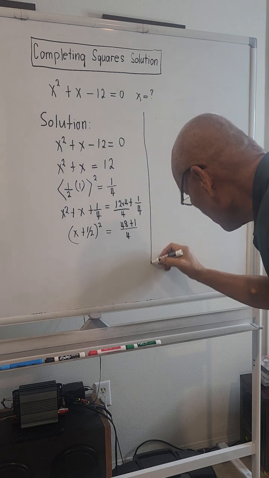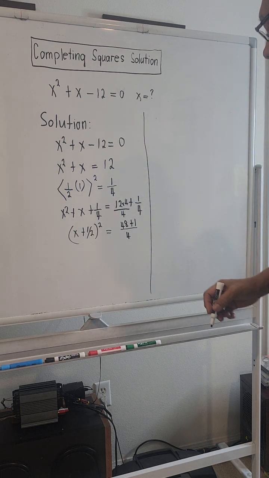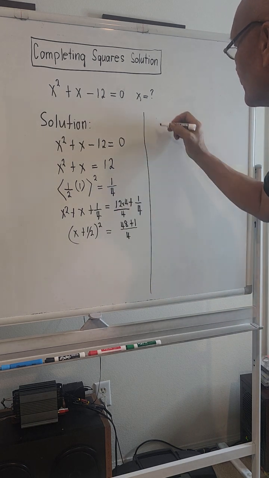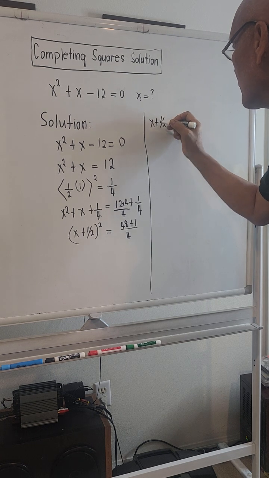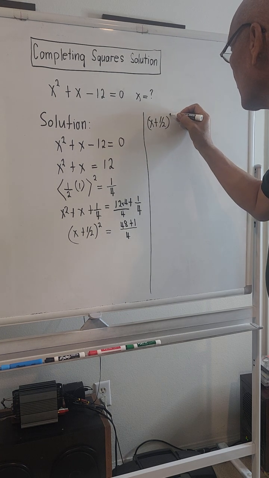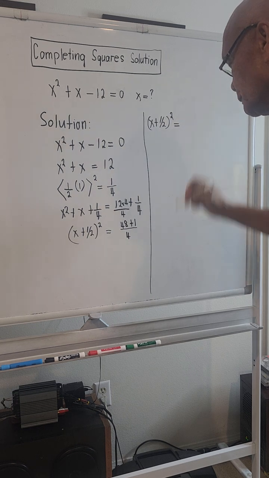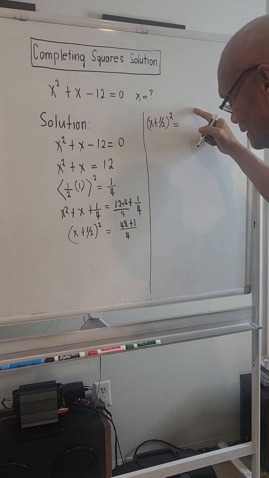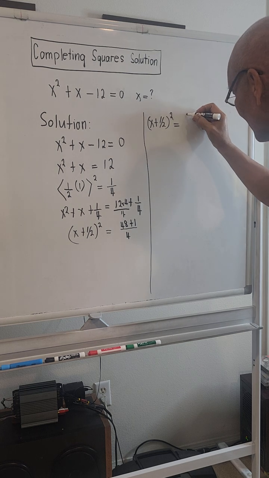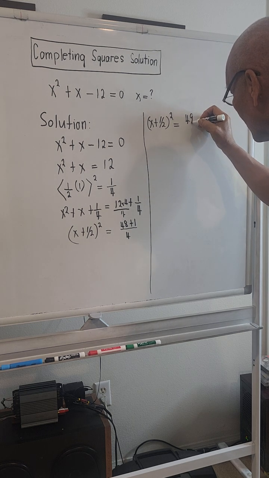I will be making a vertical line. I will rewrite this: x plus 1/2 quantity square equal to 48 plus 1 is 49, all over 4.